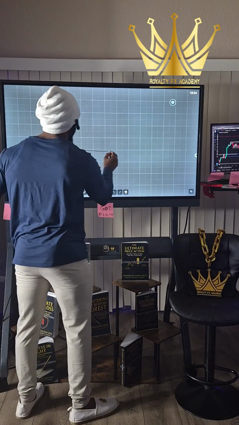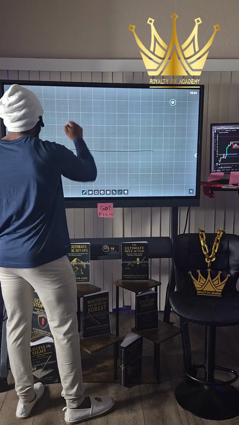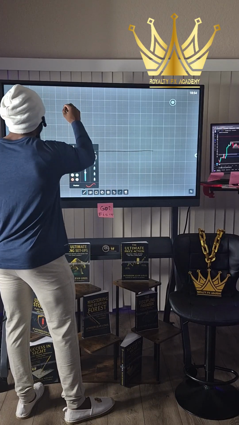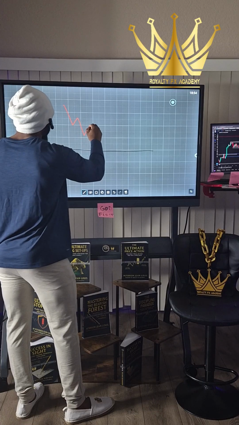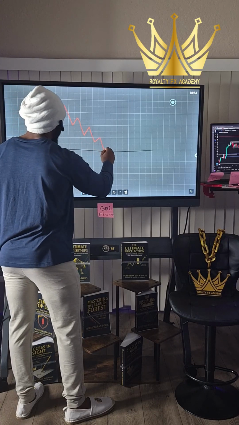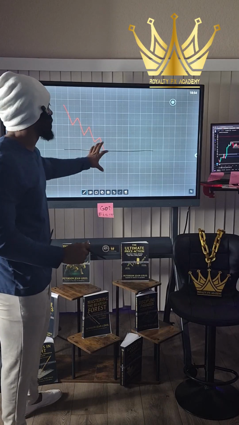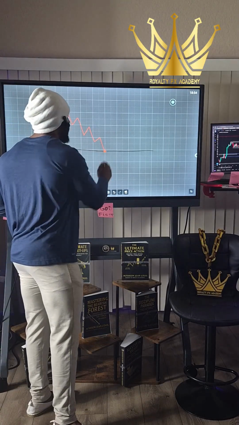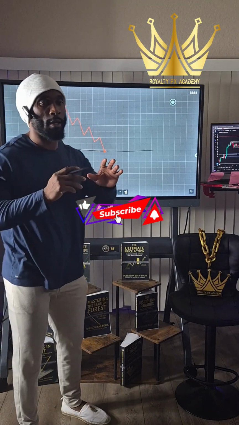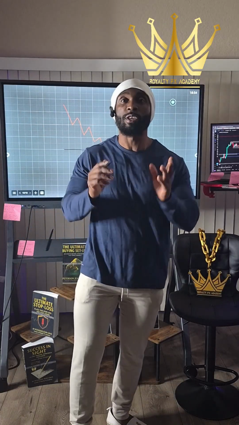Now, the reason why I'm saying that is because, take a look at this, right? If this is the zone and the market is falling, right? The market is falling and it landed at that zone. It's just a zone. Because it's just a zone, your job is to just simply wait to read and react.